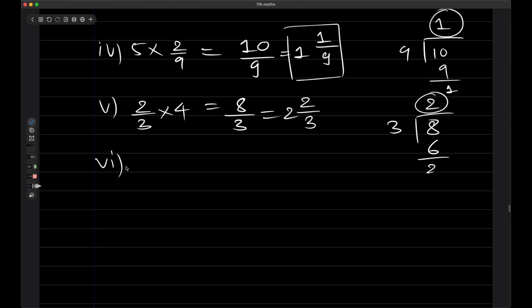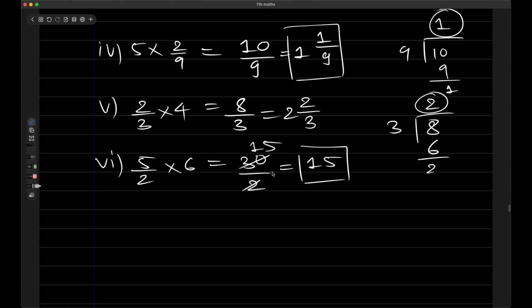Sixth one, 5 by 2 into 6, we will get 5 6s are 30 by 2, and if we reduce into lowest form, 2 is the common factor, so 2 into 15 is 30, that is equal to 15 is the answer.